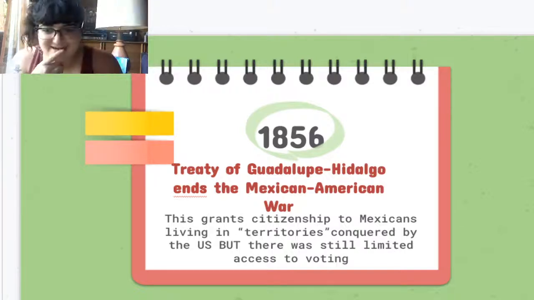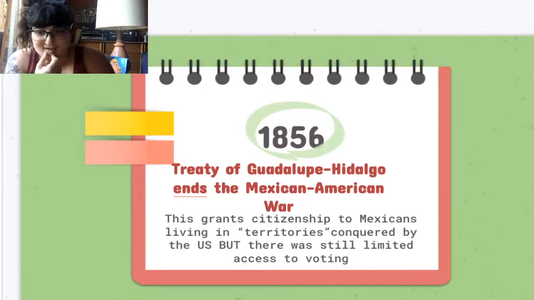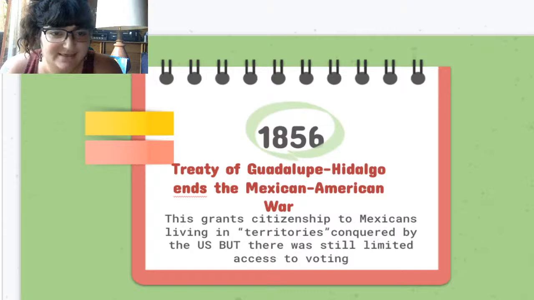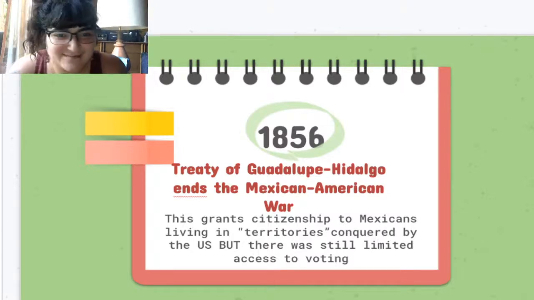Another interesting thing that I didn't include in 1856 is that, you guys, I made a mistake. I did make a very big mistake. This treaty actually did not happen in 1856. I'm double checking my notes here.